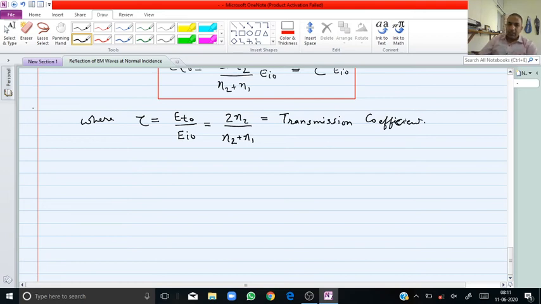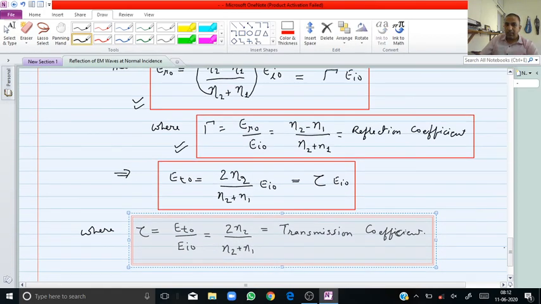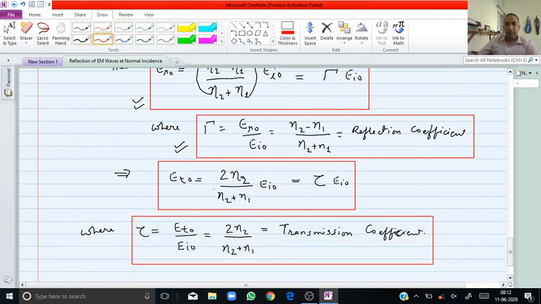Okay, so again take a look at these two quantities, that is the reflection coefficient and the transmission coefficient. This is your transmission coefficient equation. Look at this quantity, that is this one. This quantity is actually a ratio and it is always unitless.